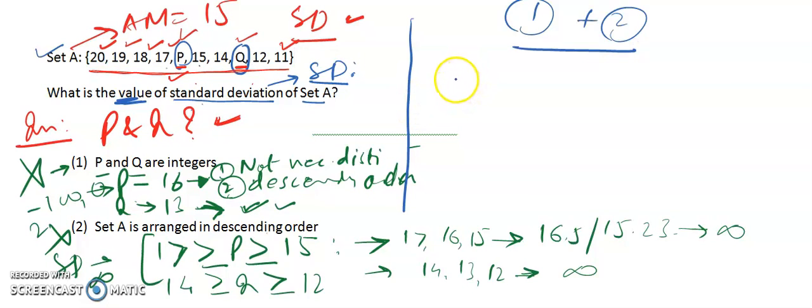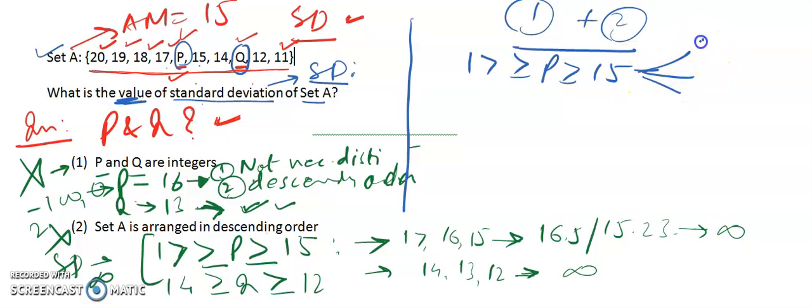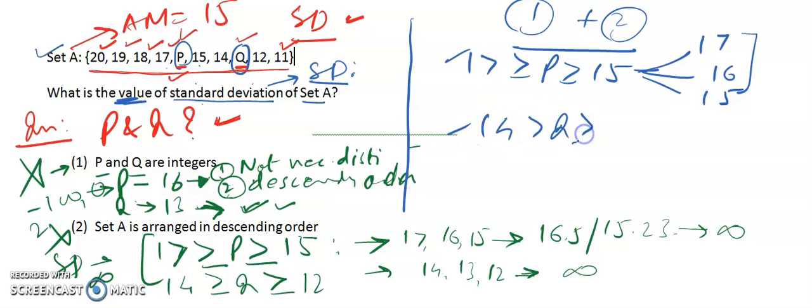Statement 1 says P and Q are integers. So 17, P and 15. Again, there are 3 possible values of P considering they are integers: 17, 16 and 15. With any of the values, you will ensure that the set is arranged in descending order, and the same goes with Q: 14, 13 and 12.